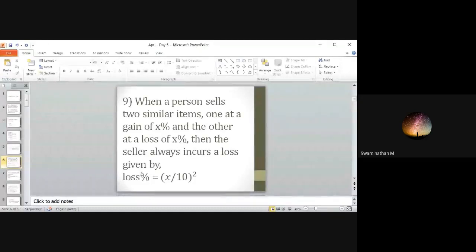So please note this formula too. A person sells two similar items, one at a gain of X%, other at a loss of X%. Overall, he will have a loss of (X by 10) the whole square percent. That is his loss. This is another important formula. And one more formula we are going to see.